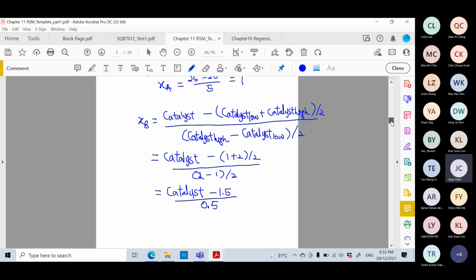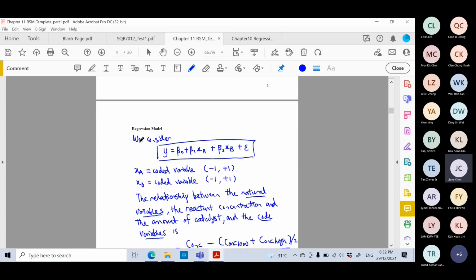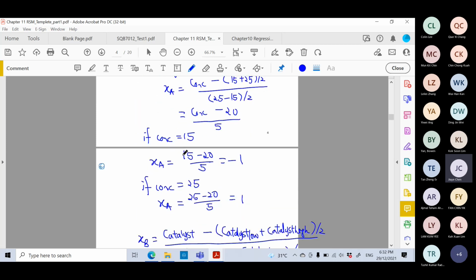Okay, so now we go back to the equation here. If you want to form the regression equation or the fitted regression equation, it's easy. We can get it from here.